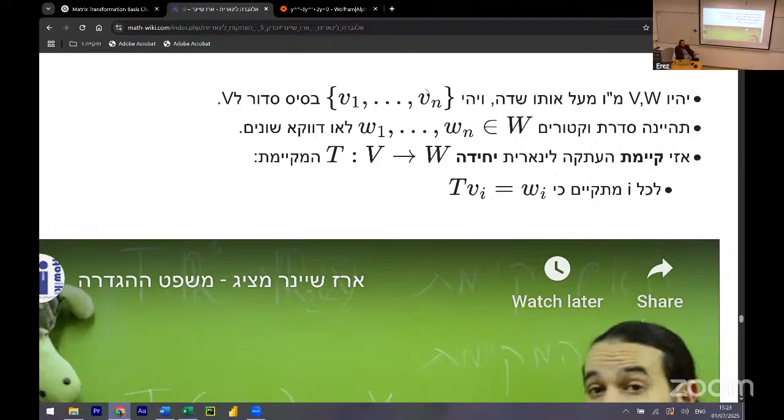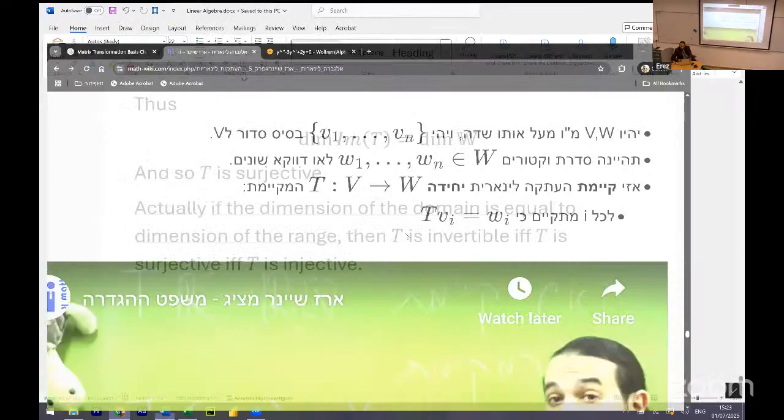There is a linear function that does that, and there's only one. It's not for our test, but I told you this because sometimes we build functions this way. We say, I want this element to be sent here, I want this element to be sent to 0, and there is such a function. I think we use it in linear algebra too.